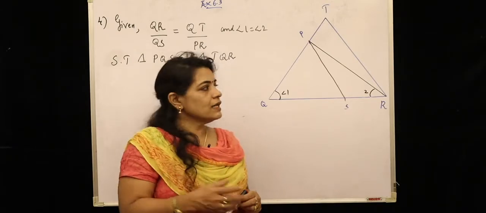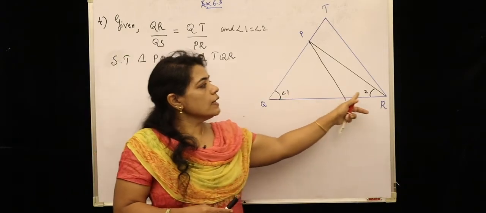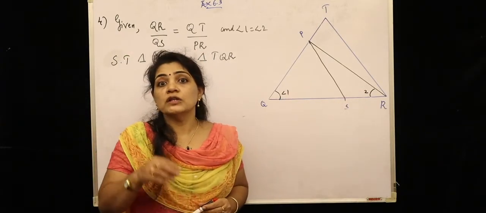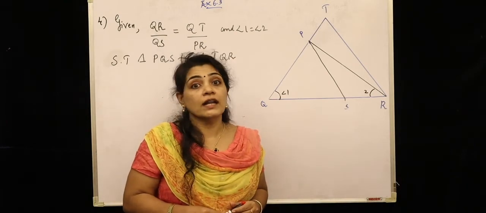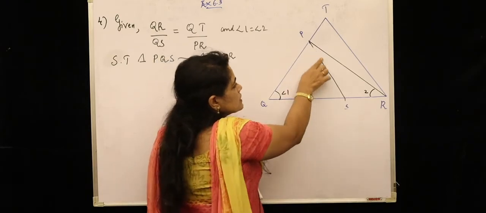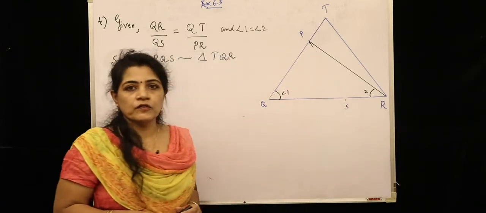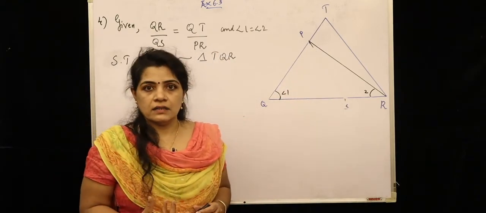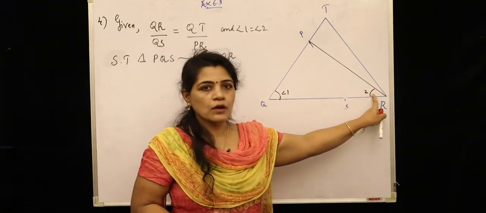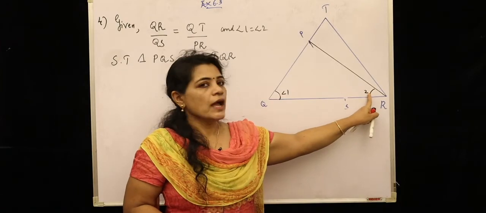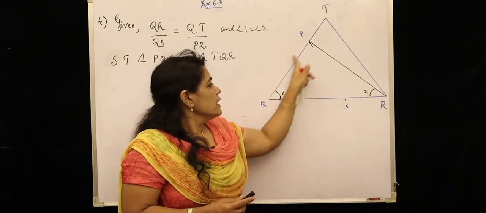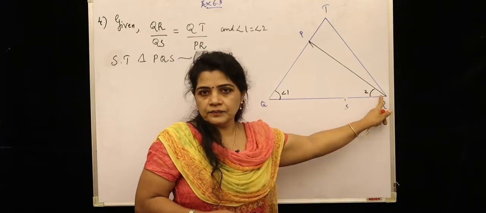Since angle 1 and angle 2 are equal, identify the triangle. In which triangle do angle 1 and angle 2 belong? See children, if I rub this, you can easily identify which are the angles. That is this and this angle, only this portion. So angle 2 and angle 1 are the angles of triangle PQR, isn't it?